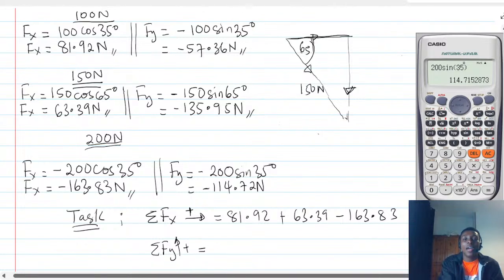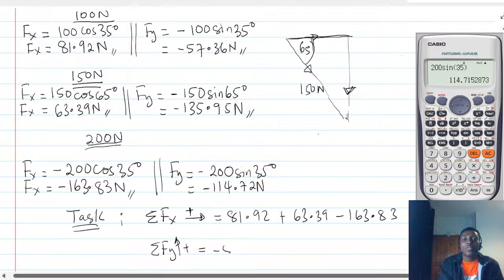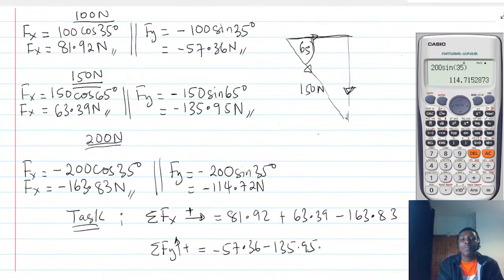Again, on the y-axis, so minus 57.36 minus 135.95 minus 114.72. Now, whatever you get, so your x, your y, okay?